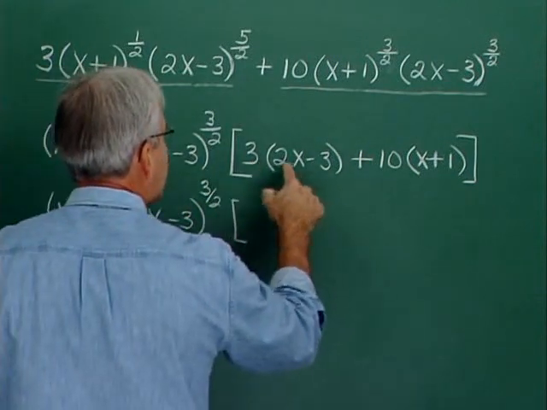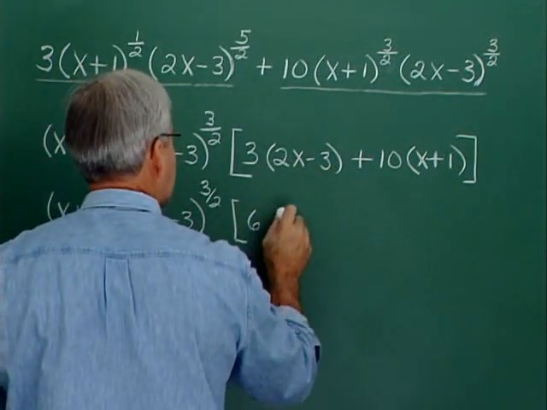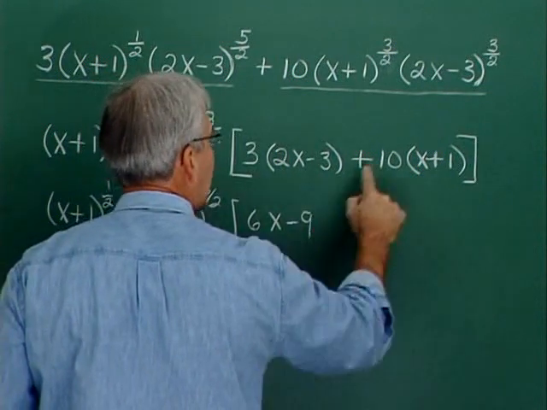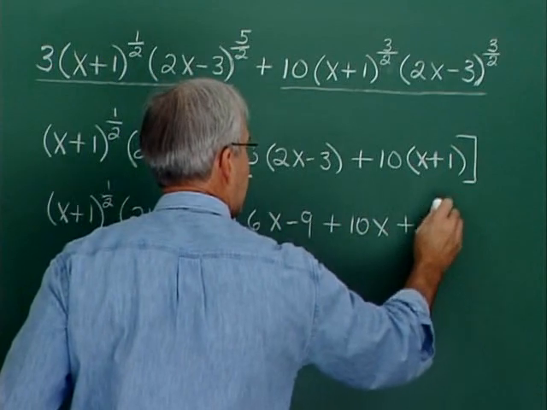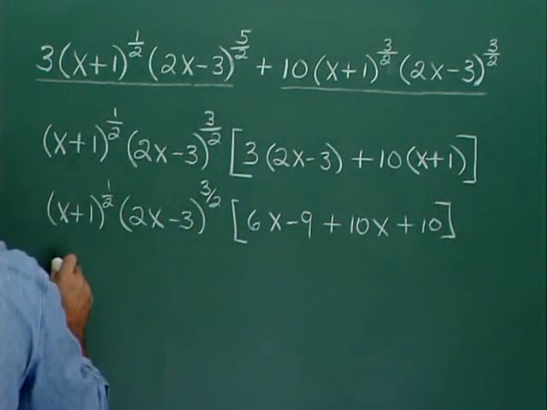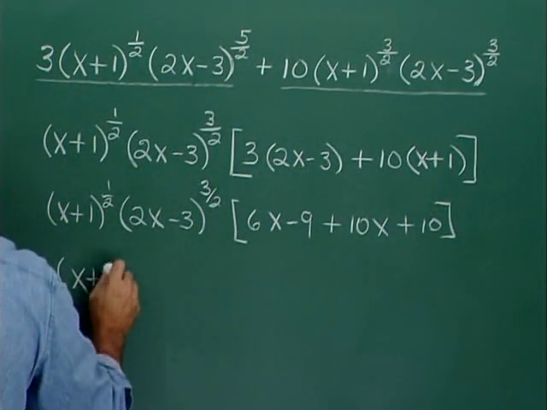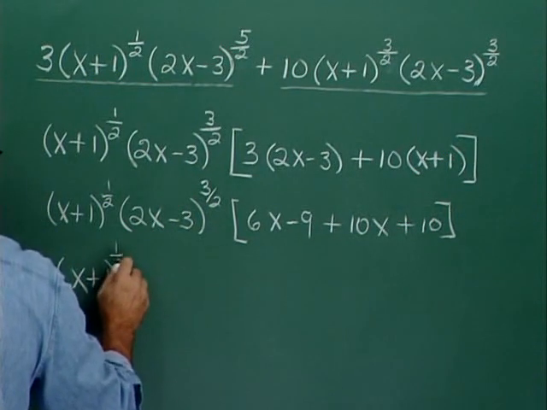So we have, let's see, 3 times 2x minus 3, that's 6x minus 9. And this is 10x plus 10. And now we're just collecting over there. You might look at it for a second while I write this and decide what we're going to do.